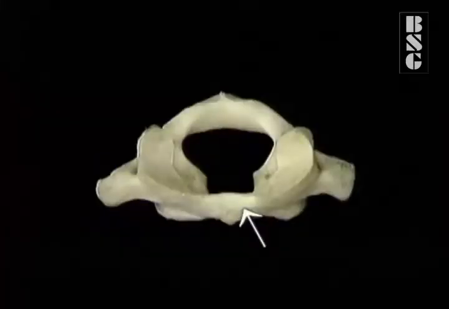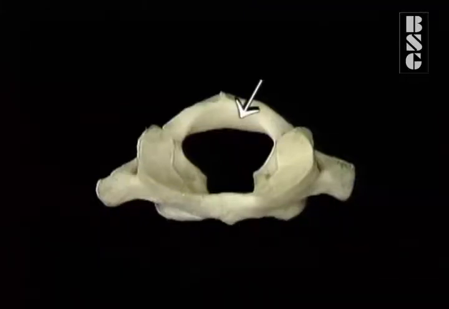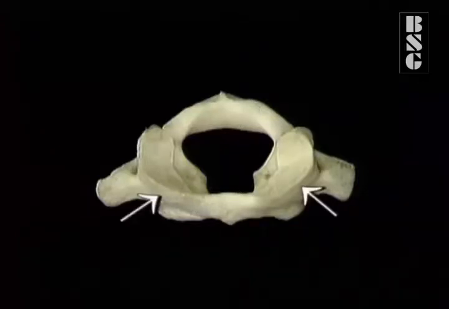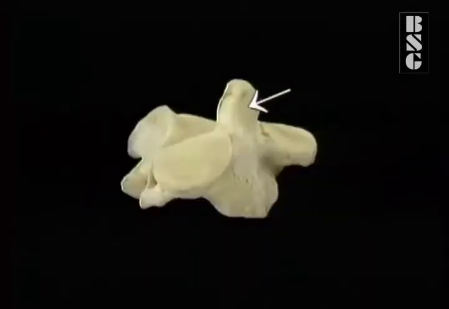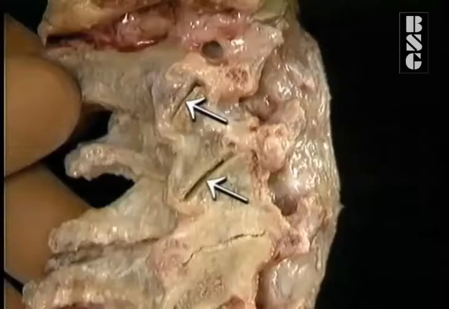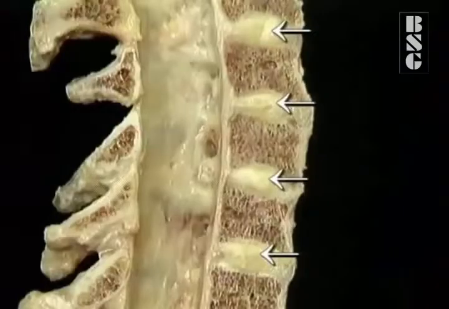On the atlas vertebra, here's the anterior arch, the posterior arch, and the lateral masses. On the axis vertebra, here's the odontoid process. Here are the intervertebral joints and the intervertebral discs.